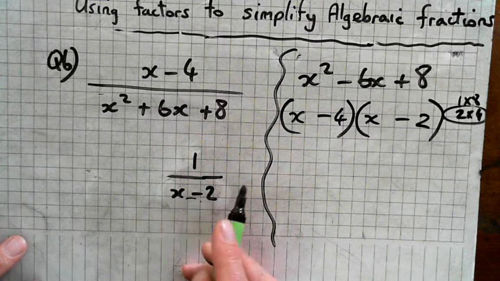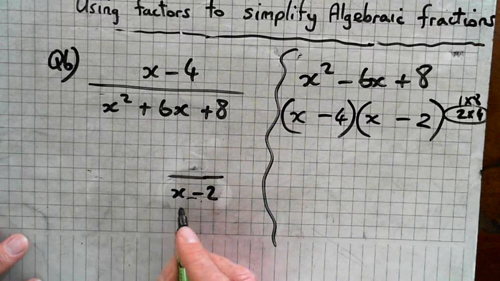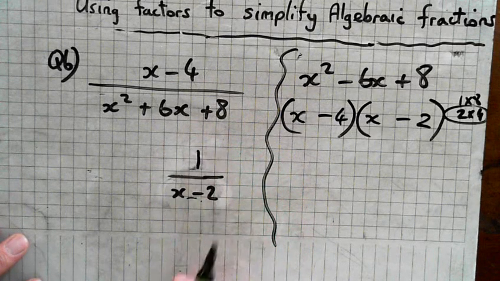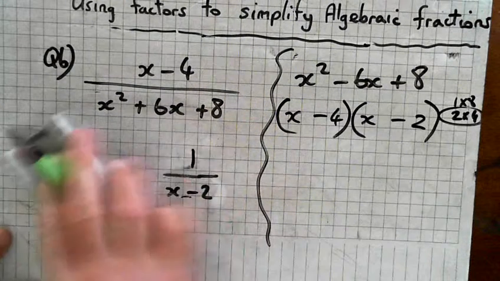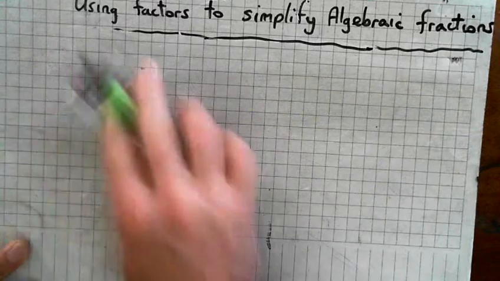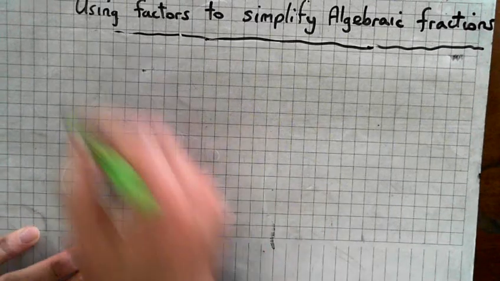What's left on the bottom? x minus 2 was left alone on the bottom. But it's not 0 over x minus 2. It's 1 over x minus 2. We'll do one more. You starting to get the hang of these? Well, practice is important.